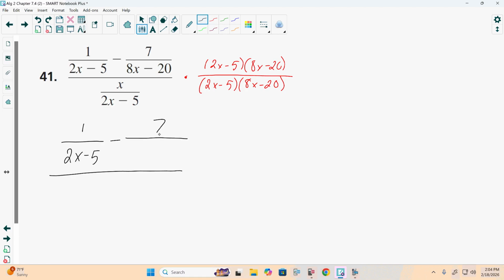8x minus 20. Is there a greatest common factor between those two terms? Yes. What number goes into both 8 and 20? 4? 4 does divide into both, yes? So if I factor that 4 out of 8x, we're left with 2x. Minus, if I factor that 4 out of 20, we have 5.